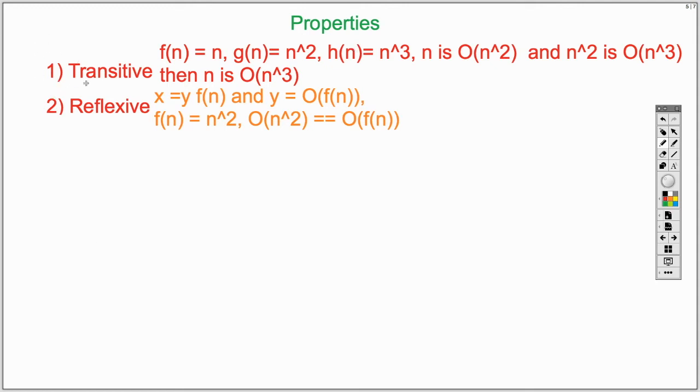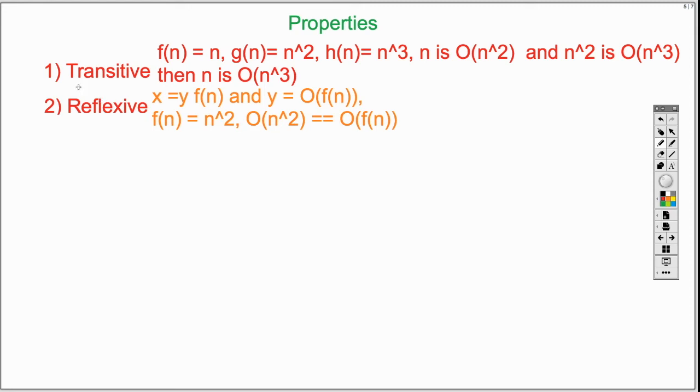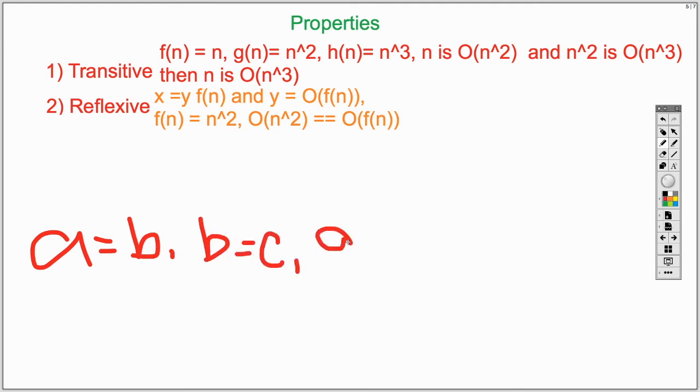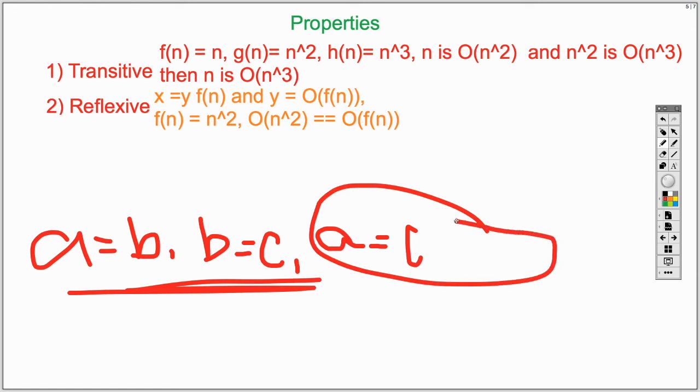These two apply to all three notations which we learned today. The first one is transitive, and transitive is basically: A equals B, and if B equals C, so if these two are true, then we can already say that A equals C. If these two statements are true, then this must be true.